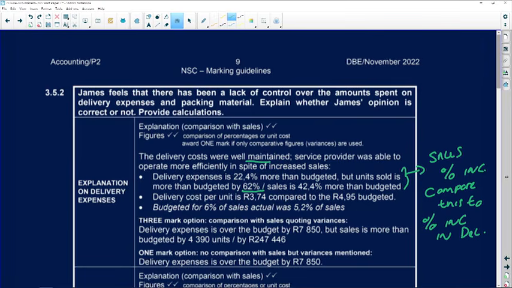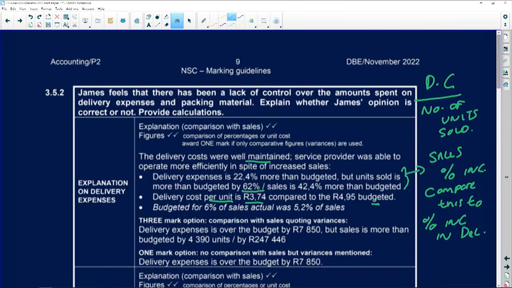Another way of doing this, you could look at the cost per unit. So take your delivery cost, divide it by the number of units sold, and you can make that comparison. So the delivery cost per unit, R3.74, compared to R4.95 as was budgeted for. So you could do it in that fashion as well.